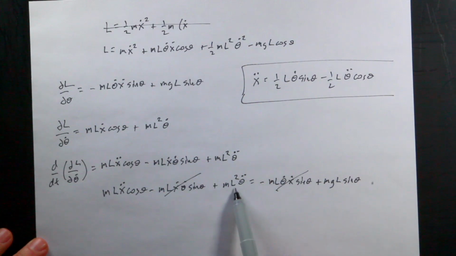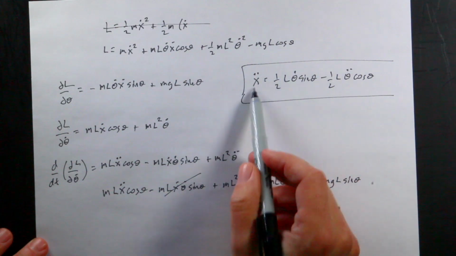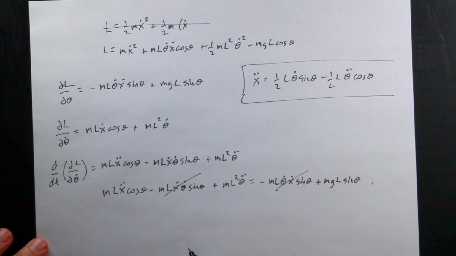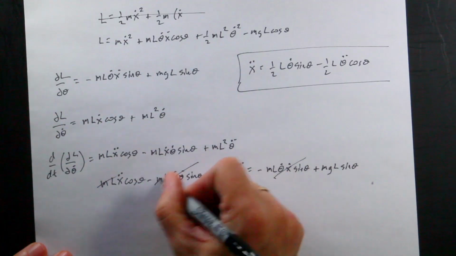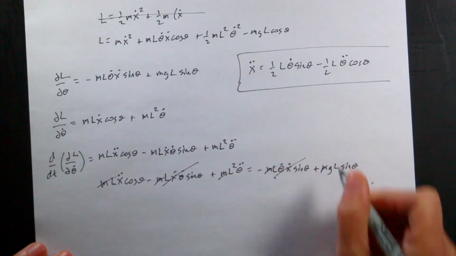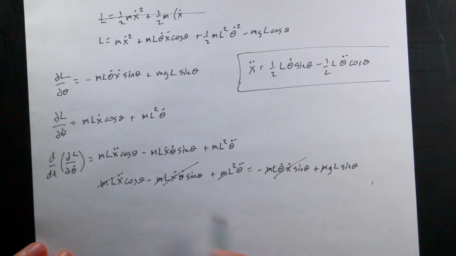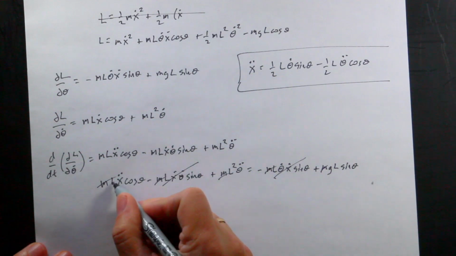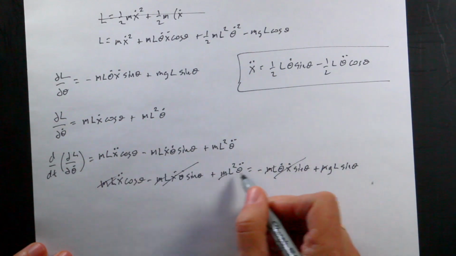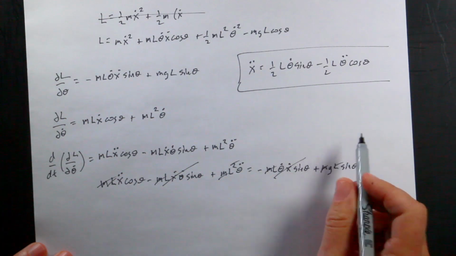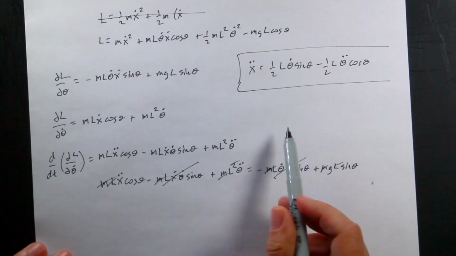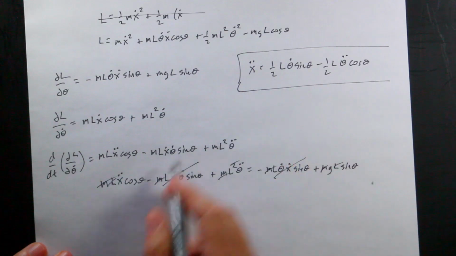Let's go ahead and just plug this in over here and then solve for theta double dot. Okay, so I get, the masses cancel. The L's cancel, some of them. Okay, so now I'm going to plug in x double dot into my equation.